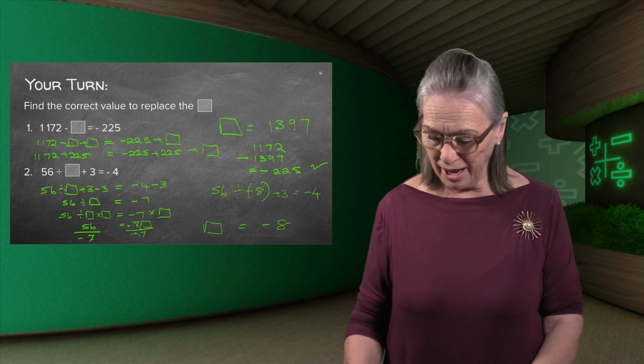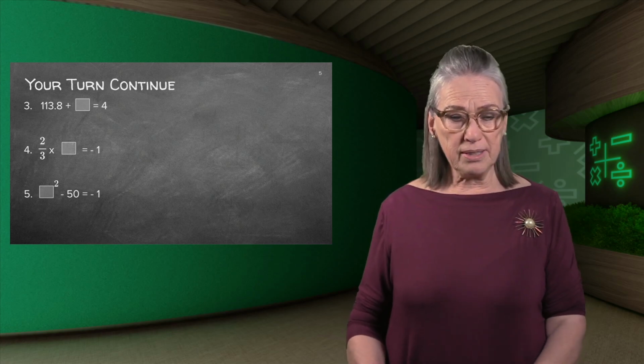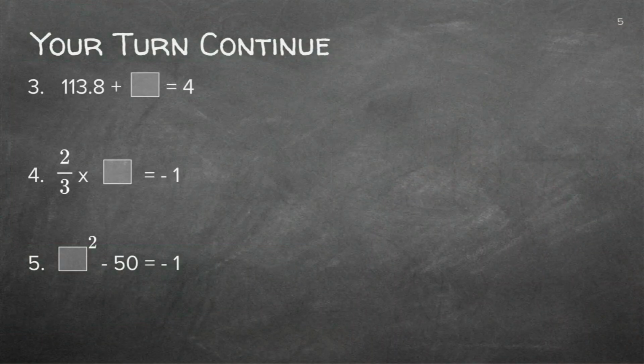Cool. Right. Now, another few examples. 113.8 plus something will give us 4. Okay, so what are we going to do? We're going to say this something equals 4 minus 113.8, because we're going to say 113.8 minus 113.8 plus the block, right?